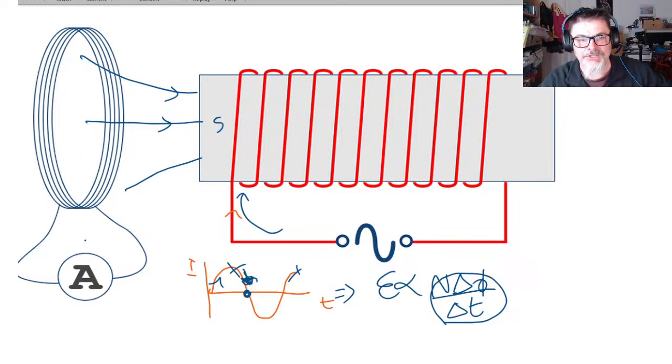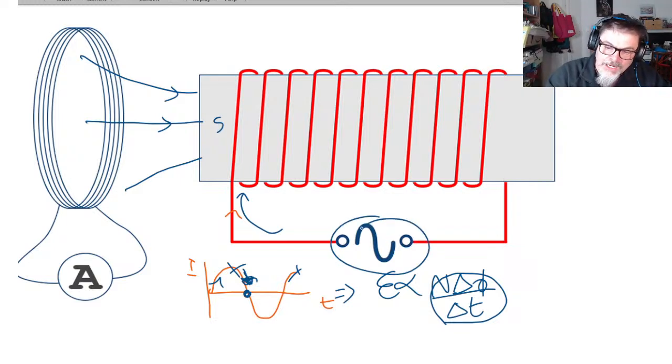So this "constantly changing" is a really useful phrase for your exam answers, to help you get some clarity for those lovely markers. So the point is, if you put an AC current in here, you'll get an AC current induced, or perhaps we should say an AC EMF leading to an AC current.